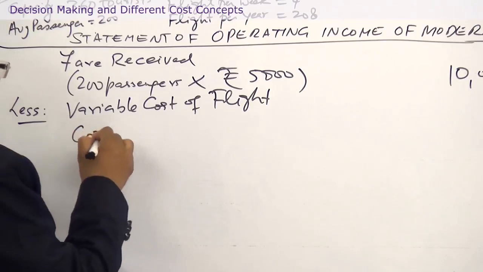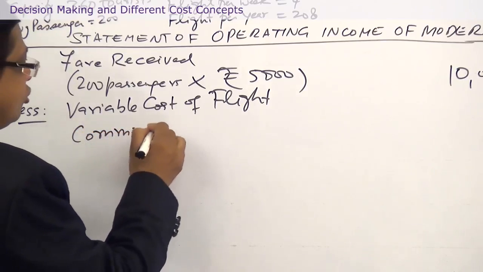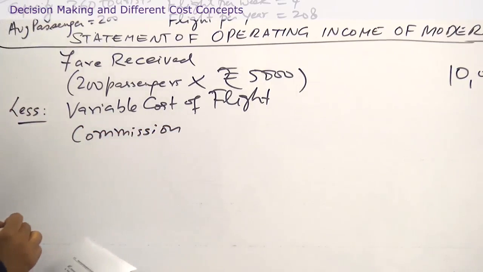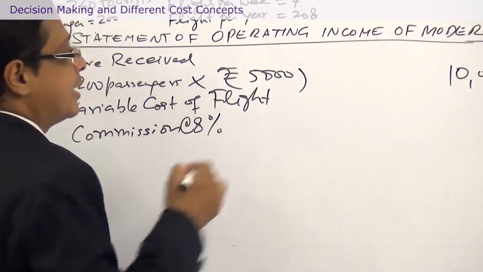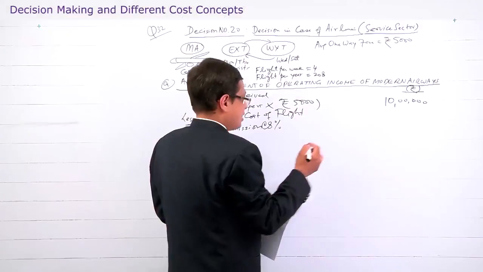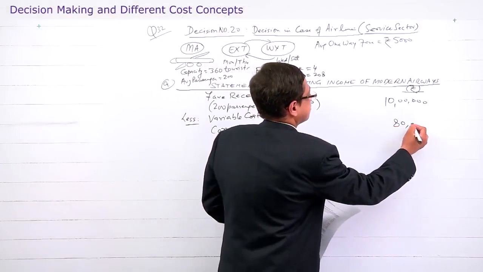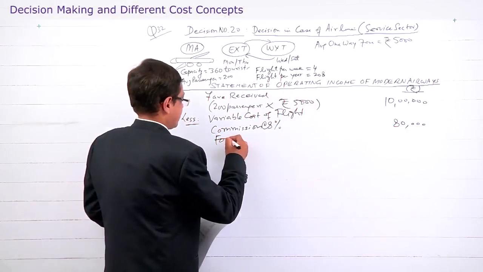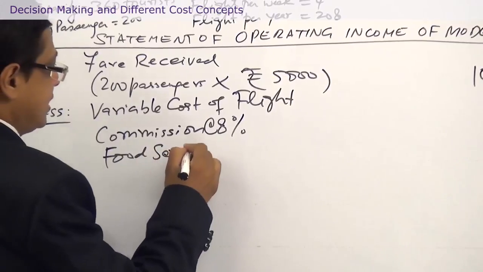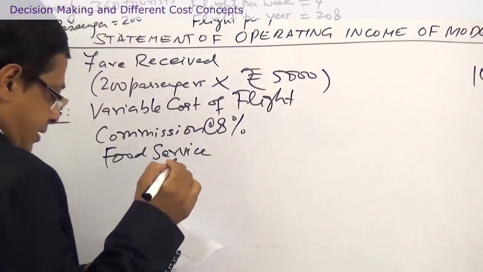First element which is variable is the commission which you pay to the agents. It is 8%. So 8% of 10 lakh will be how much? 80,000. What about food service? It is at the rate of rupees 200.